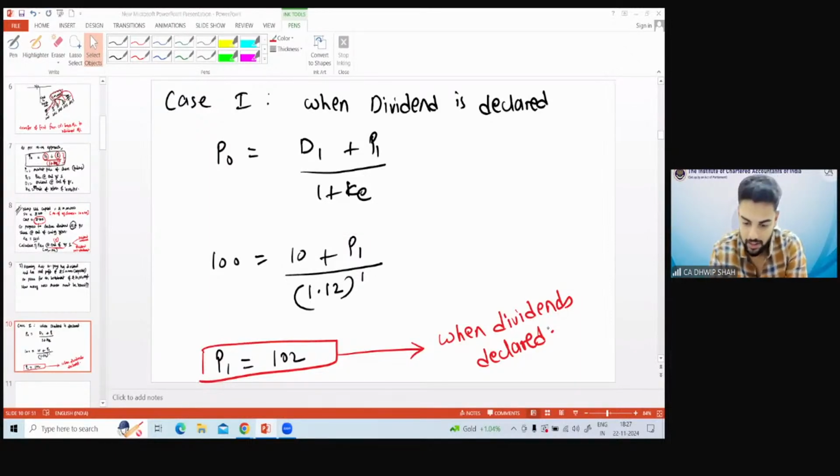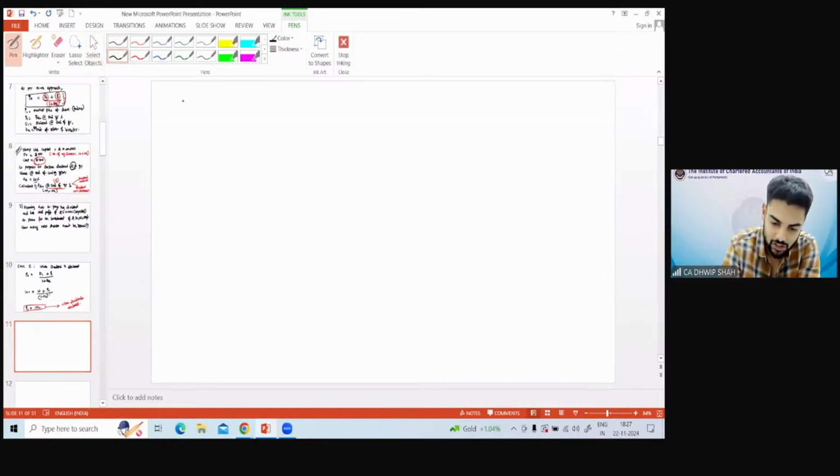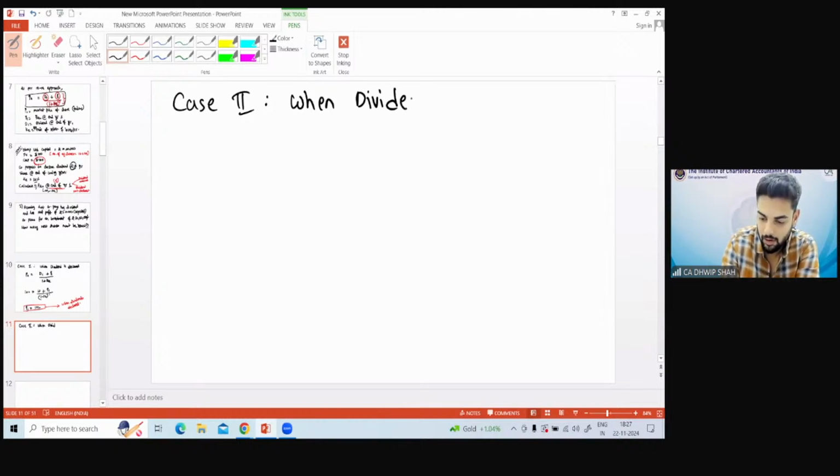Let's move ahead to scenario 2. Case 2, when dividends are not declared. Now, the board of directors proposed the dividend, but it was not approved in the shareholders meeting. So dividend could not be declared in that case. So can I say my price, again, the formula remains same.